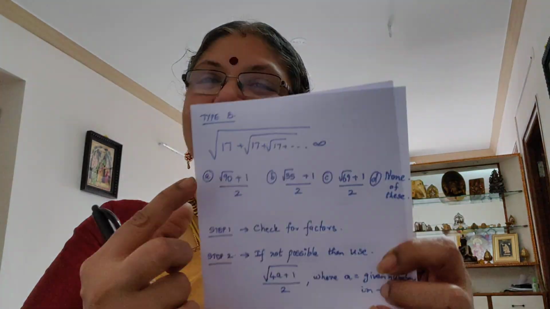And if it is a minus sign, you will do square root of 4a plus 1, minus 1, divided by 2. That's the trick. And type 3 would be when you have alternating signs. Your formula is nothing but square root of 4a minus 3 divided by 2, and find out what is the very first sign. If it is plus, you add 1. If it is minus, you subtract 1. And that's the answer.